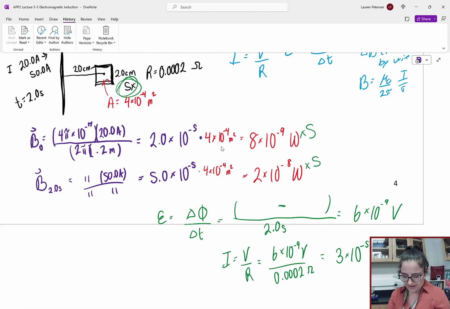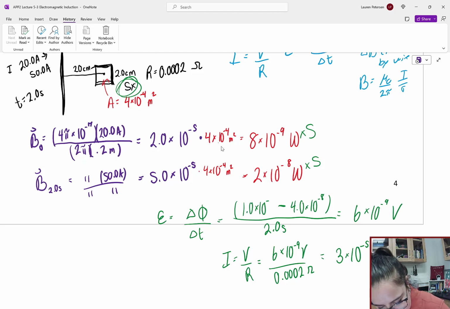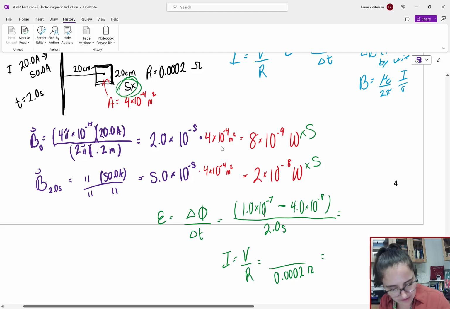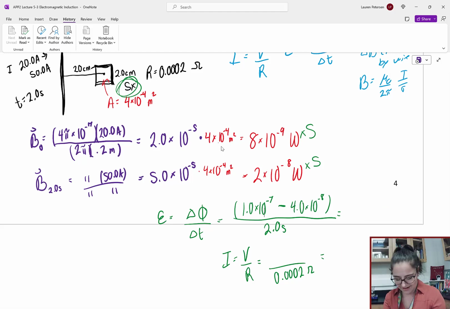Okay, so we have 8 times 10 to the negative 9 times 5, for 5 turns, which is going to be 4 times 10 to the negative 8. And then we have 2 times 10 to the negative 8 times 5, which is 1 times 10 to the negative 7. So let's fix this. Sorry about that.